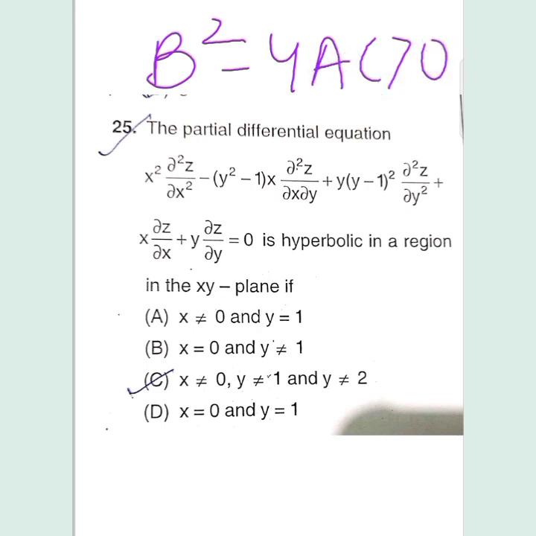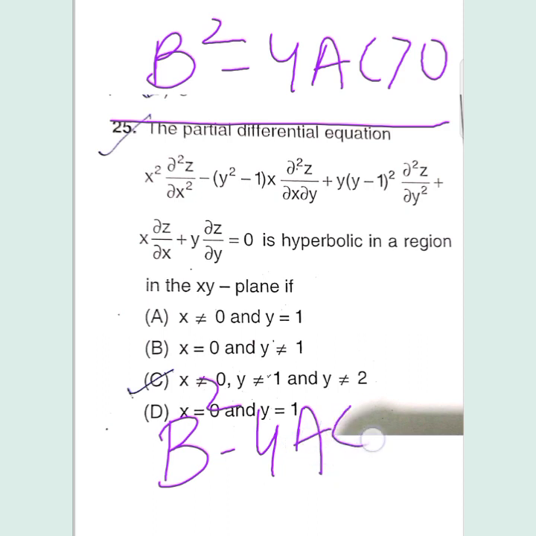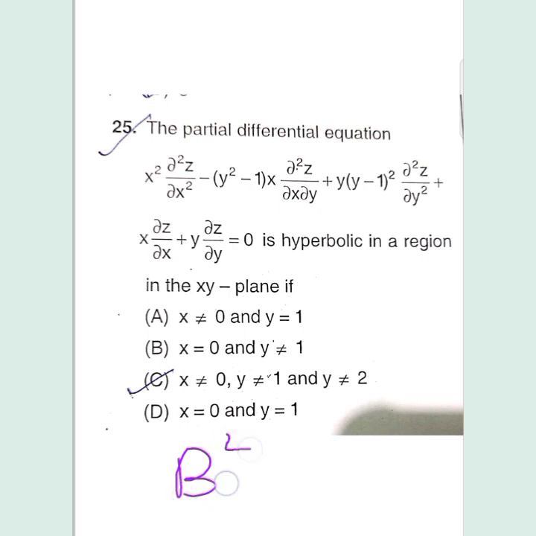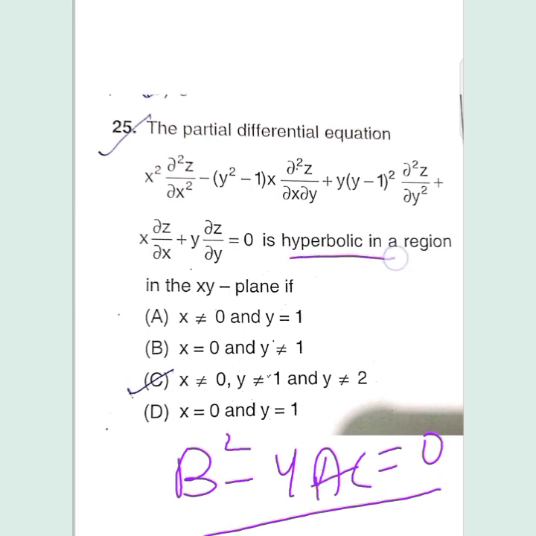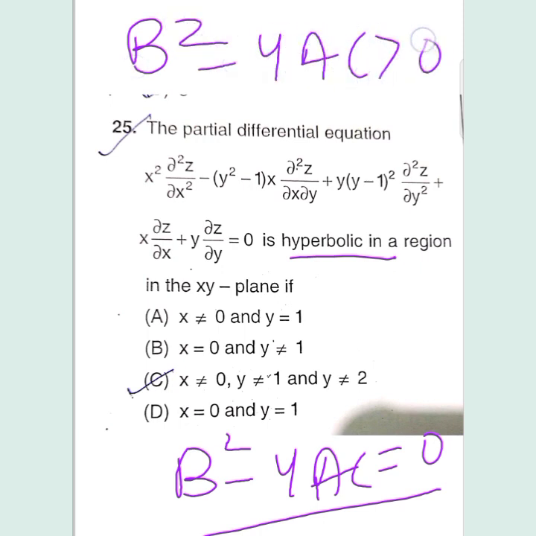If b square minus 4ac is greater than 0, then the partial differential equation is hyperbolic. If b square minus 4ac is less than 0, then it is elliptic. If b square minus 4ac equal to 0, then the equation is parabolic. So for hyperbolic, the condition is b square minus 4ac must be greater than 0.